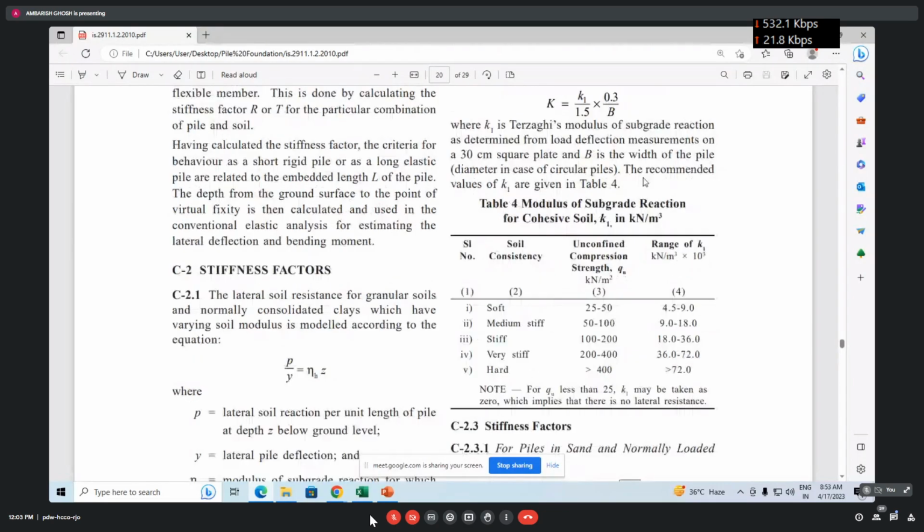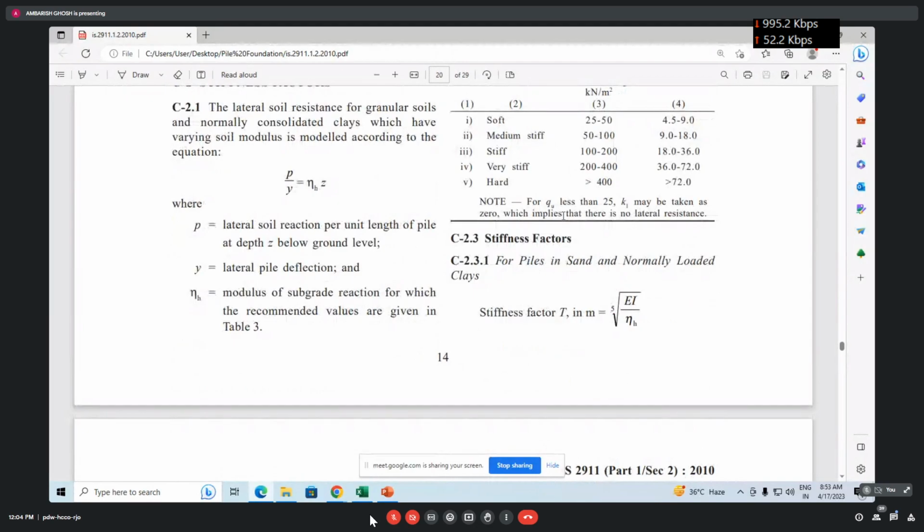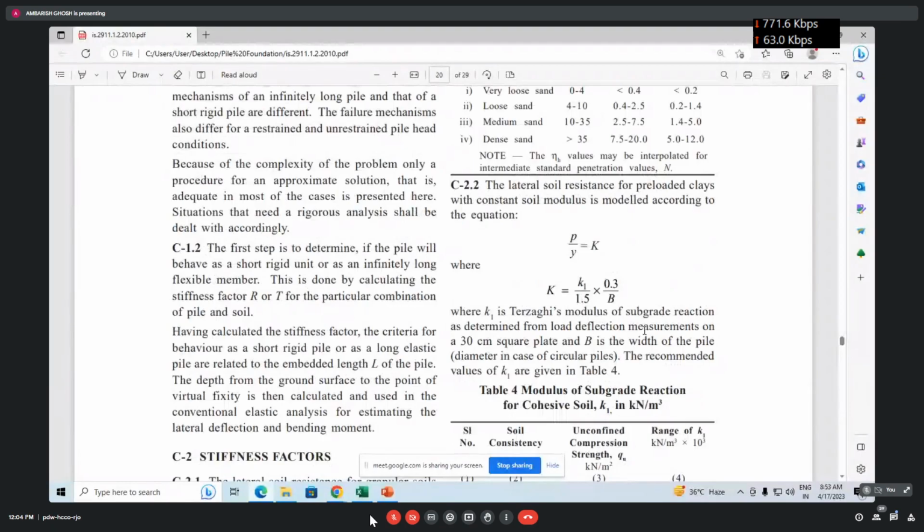Now you come back to this formula. Once k1 is given, you can calculate capital K, and this K will be used in the formula. Now you can see one stiffness factor you will calculate. For sand, you will be using this formula, T equal to fifth root of EI by eta h. Eta h you have already got from this table.